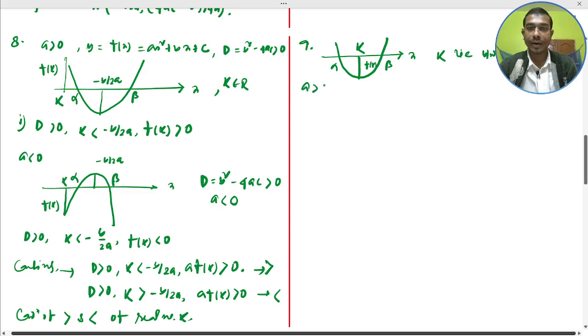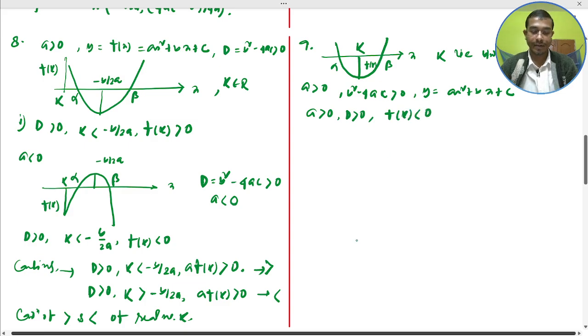So what is the condition? a greater than 0, b square, this is very important for MSQ type questions, JEE Advanced, greater than 0, and y equal to f(x), that is x square plus bx plus c, and the condition a greater than 0, D positive, and f(k) should be negative.